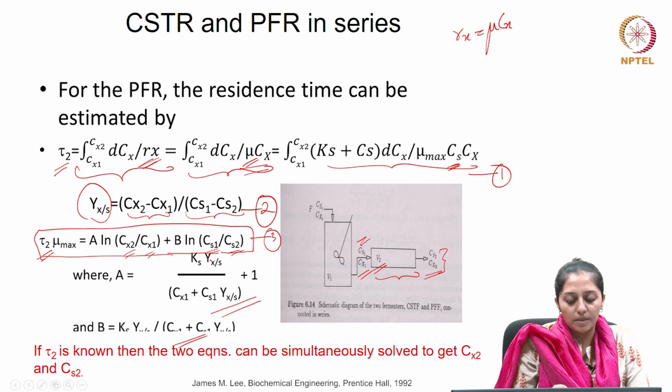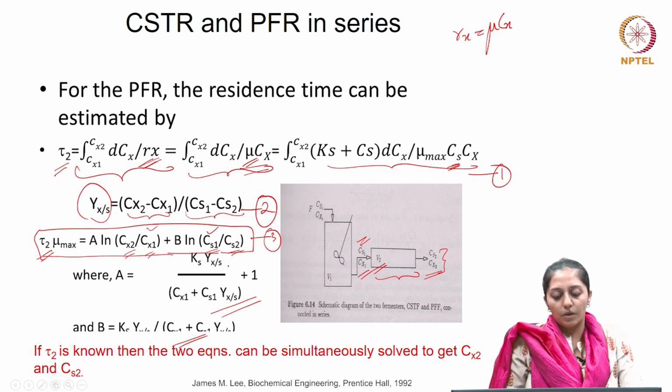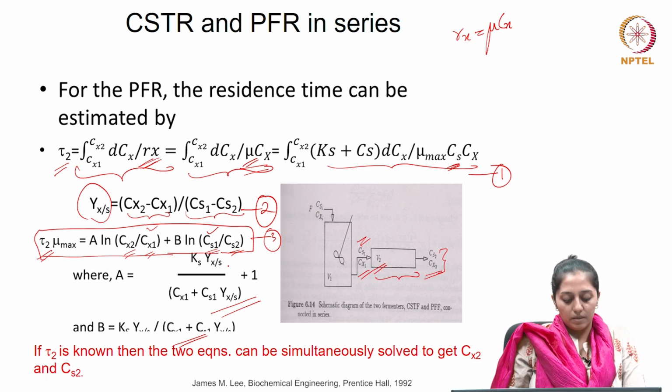Now Cs1 and Cx1 are known. There are two unknown variables, Cs2 and Cx2, so we will use equation 2 to substitute one in place of the other and then solve equations 2 and 3 simultaneously.